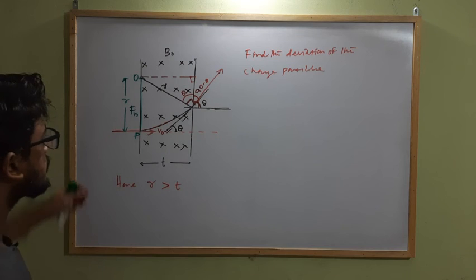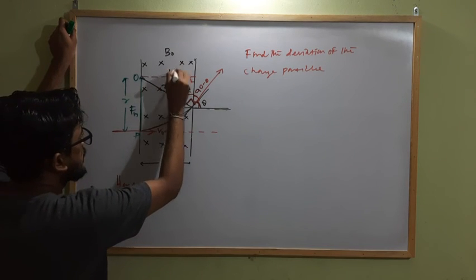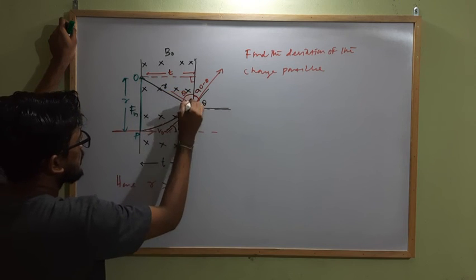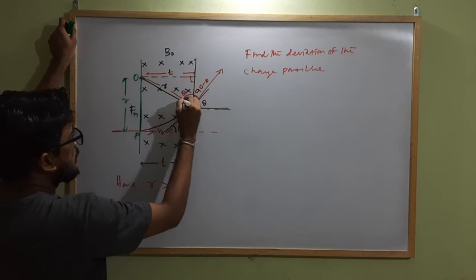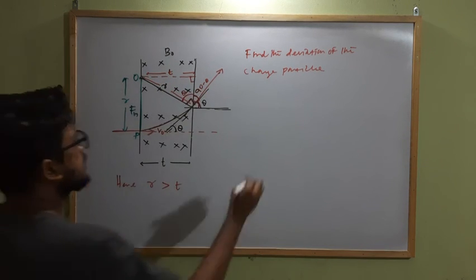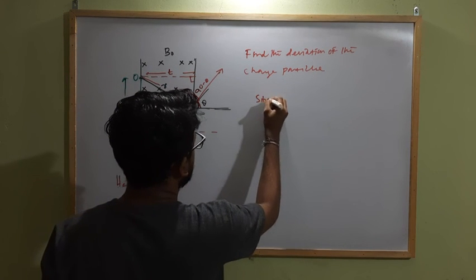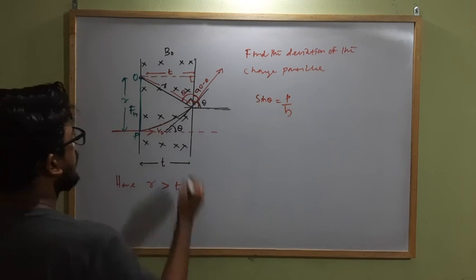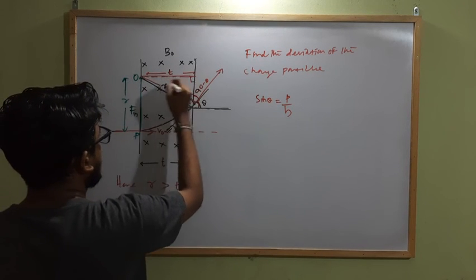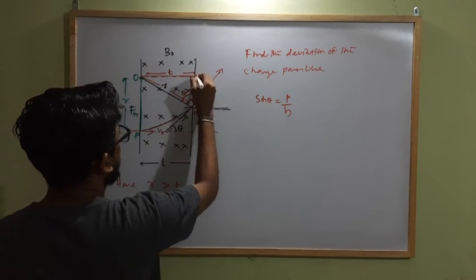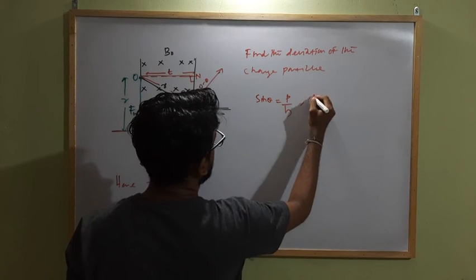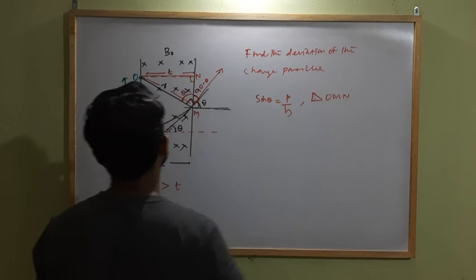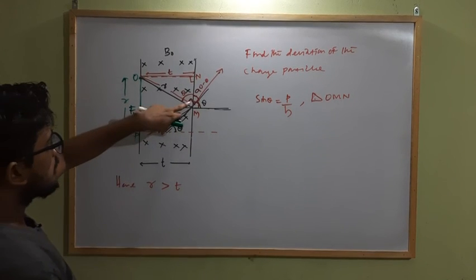Okay. This is t and this complete length is r. This angle is theta. So what is sin theta? Equal to P by H. So in this right angle triangle OMN, this is theta.